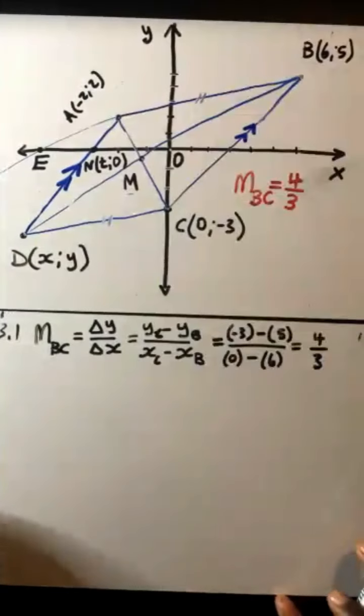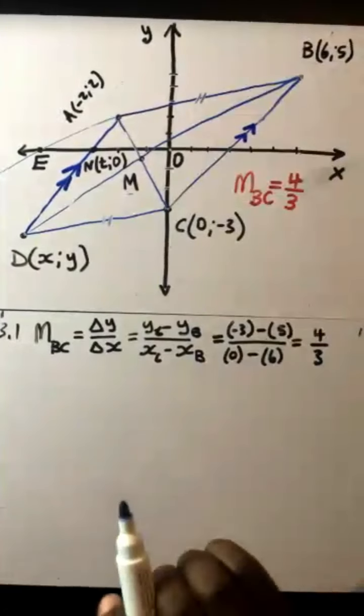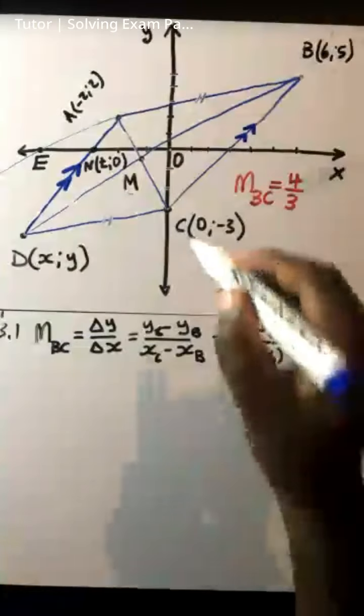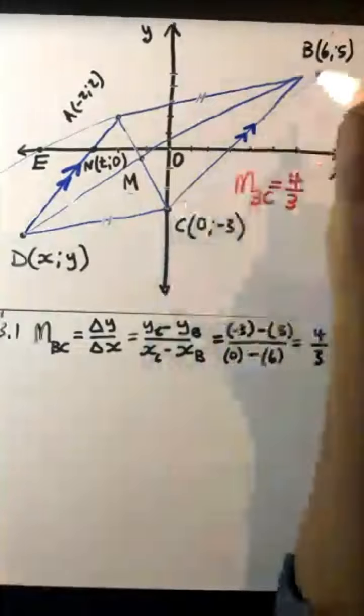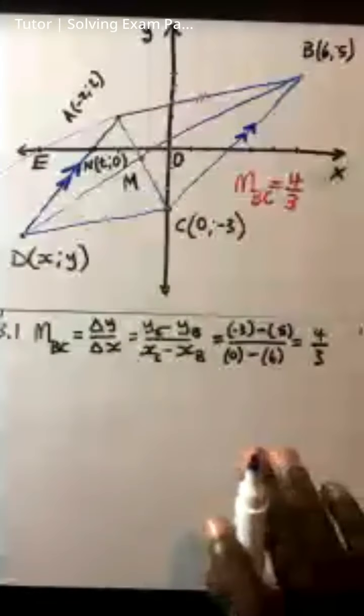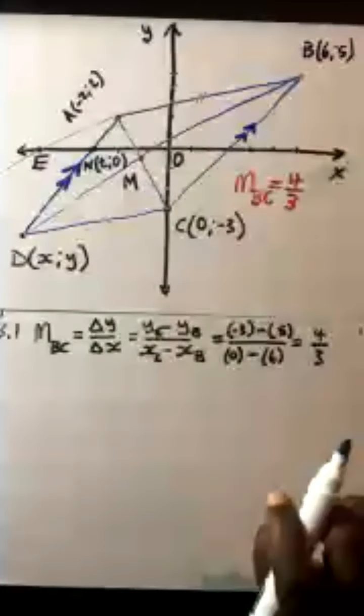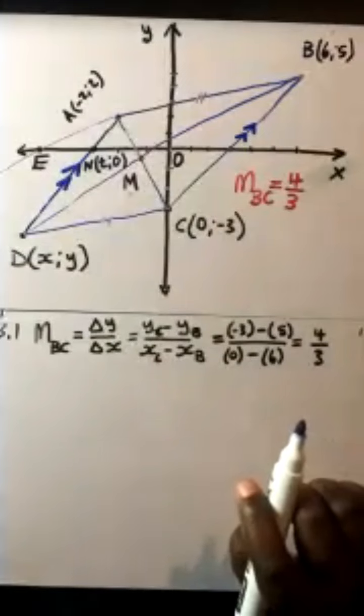Okay, so I hope that was useful, ladies and gentlemen. Now we expected a positive gradient for BC. So if we get a positive answer, it gives us the confidence that we might have done the correct calculation.